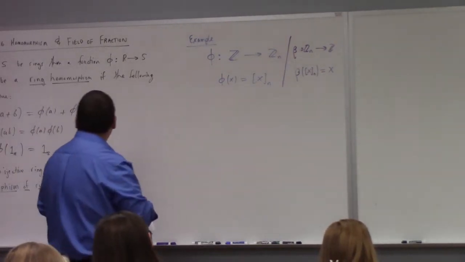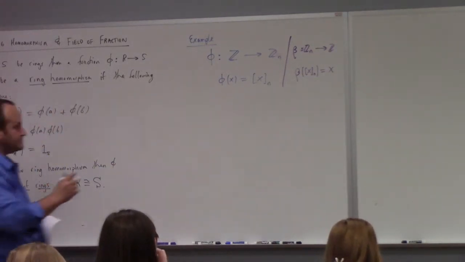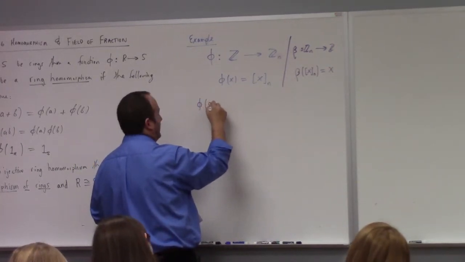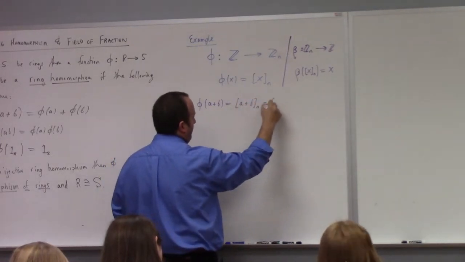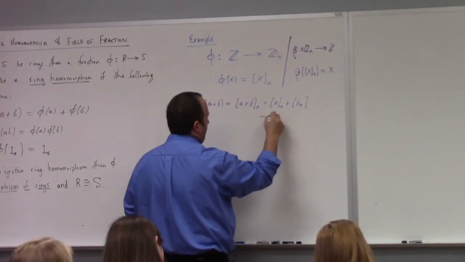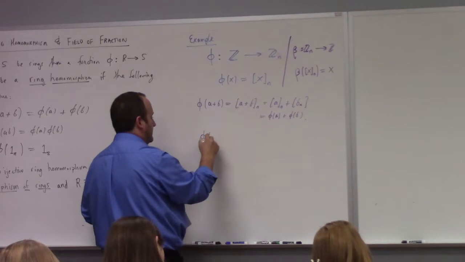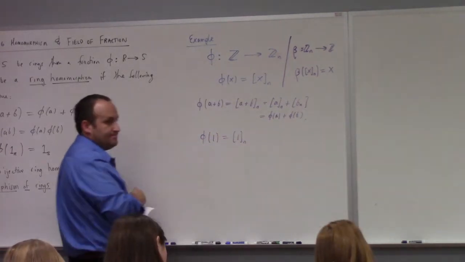And you can easily check that it's a ring homomorphism, right? So like phi of A plus B, what would that be? And if we look at 1, it maps to 1 sub n, right?